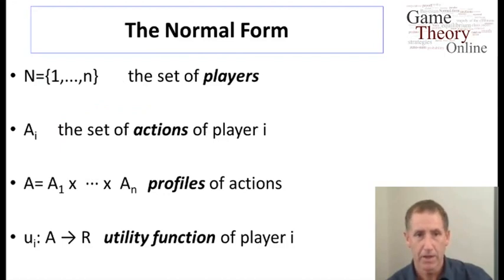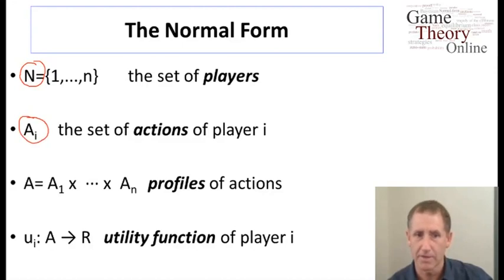So here are the elements of the normal form. First of all, we start with a set of players N, consisting of some number of players which we denote 1 through little n. Each of the players has a set of actions available to it, which we denote by A sub i.